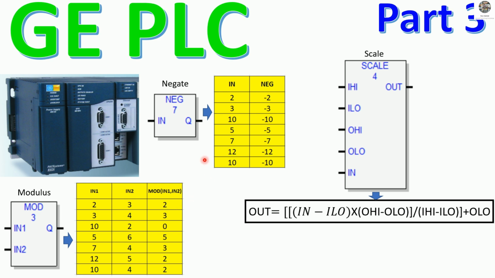And here is the negate, which normally multiplies by -1. Example: in number 2 equals -2, in number 3 equals -3, in number 10 equals -10. So it will multiply by -1.